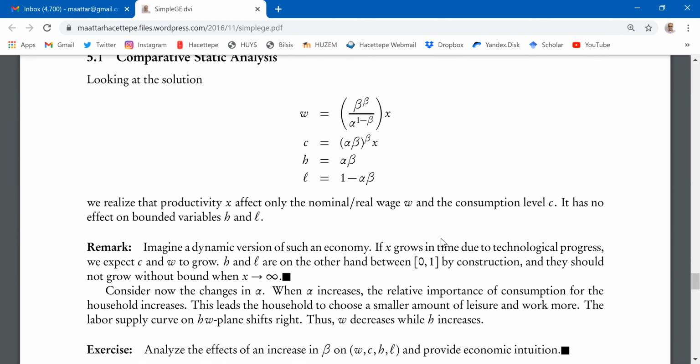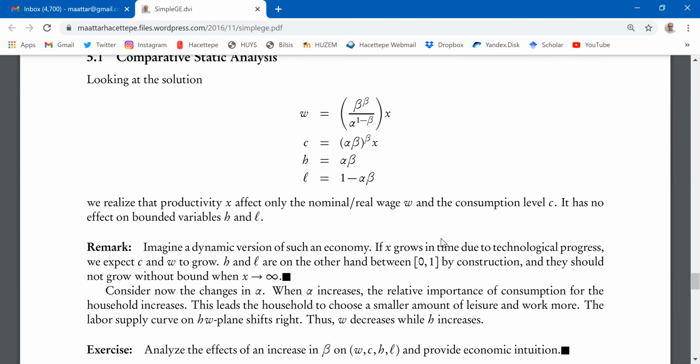Here I have a remark. If you use your imagination and think about a dynamic version of this economy where productivity is growing, you can put a t index on every variable. You can imagine this equilibrium exchange taking place in many different periods, not just in one period as we just discussed.